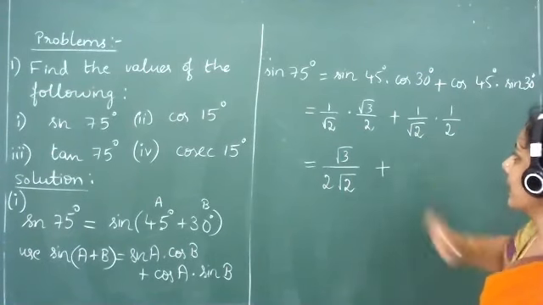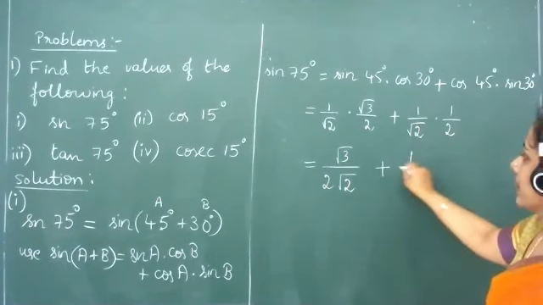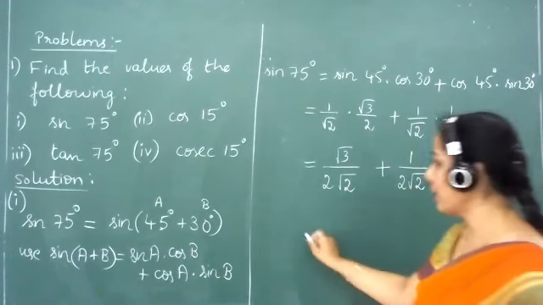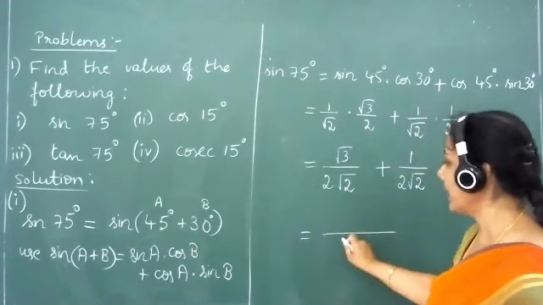Plus likewise the second term, you have 1 into 1 divided by 2 into root 2. Now we see here in these two fractions there is a common denominator. So the LCM of the denominator remains the same. You can sum up the two numerators directly so that we find here root 3 plus 1 divided by 2 root 2 as the value of sine 75 degrees.